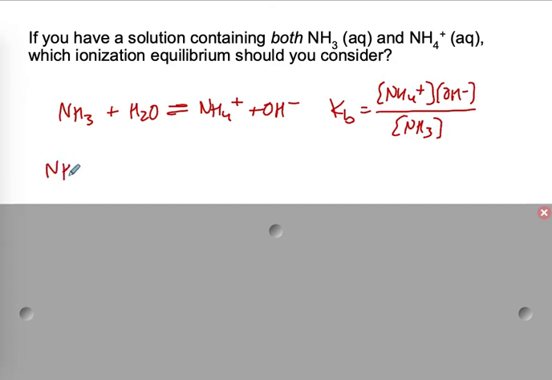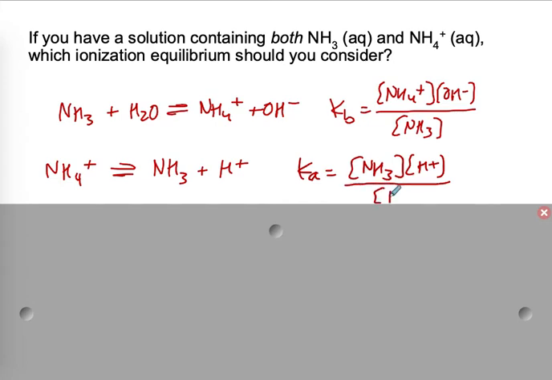Or you could consider the weak acid ionization of ammonium to form ammonia plus the hydrogen ion, as governed by the Ka expression and the corresponding value of Ka.